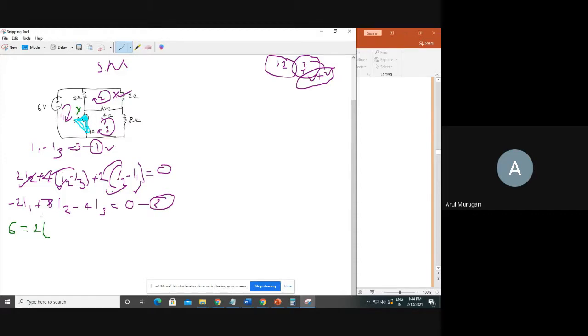I1 minus I2. Why I2? Here is the opposite direction, so minus I2. Plus 4 into I, who am I standing? At the I3 place I am standing. Then I3 minus I2. Plus 8 into I3. It is equal to this answer.